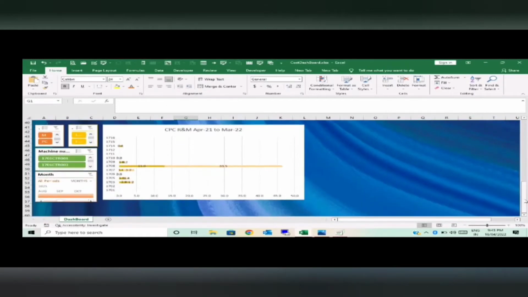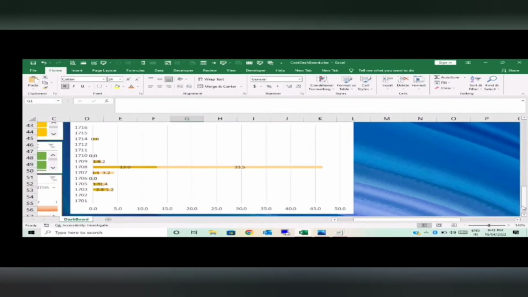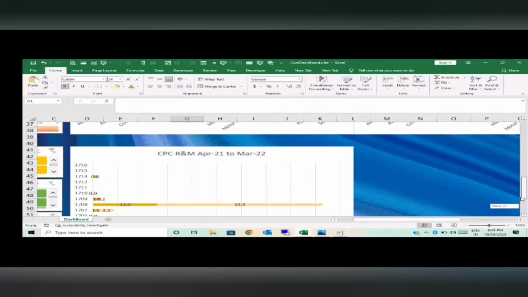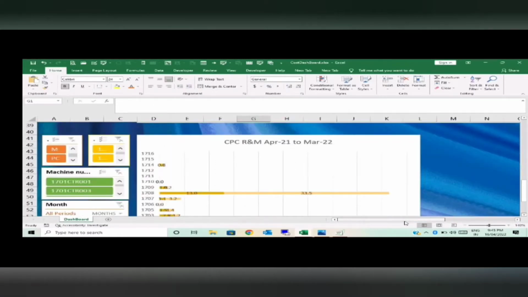Now the cost. Here you can see the cost per component. This is the cost per component. This is important. This will lead your organization to profitability, right? So this element is very much important, needs to be taken care of.